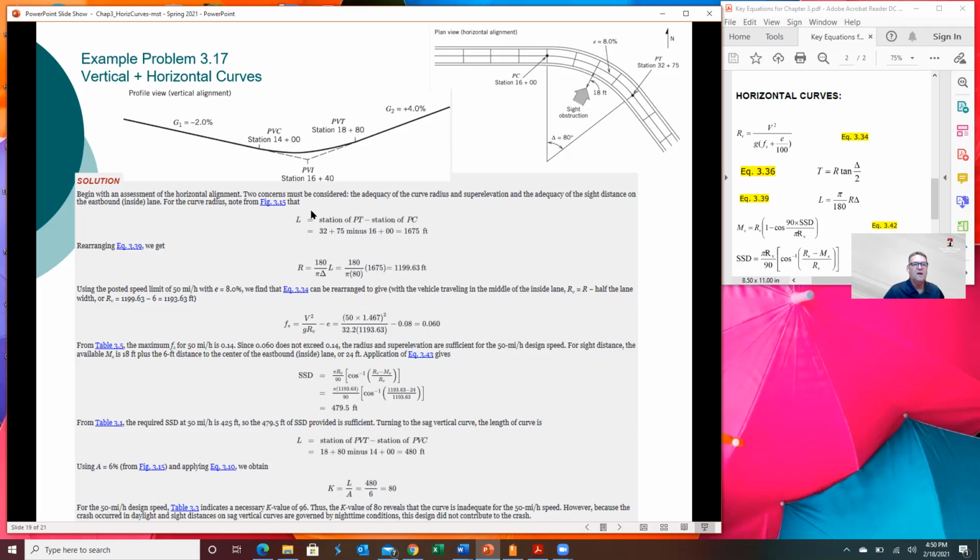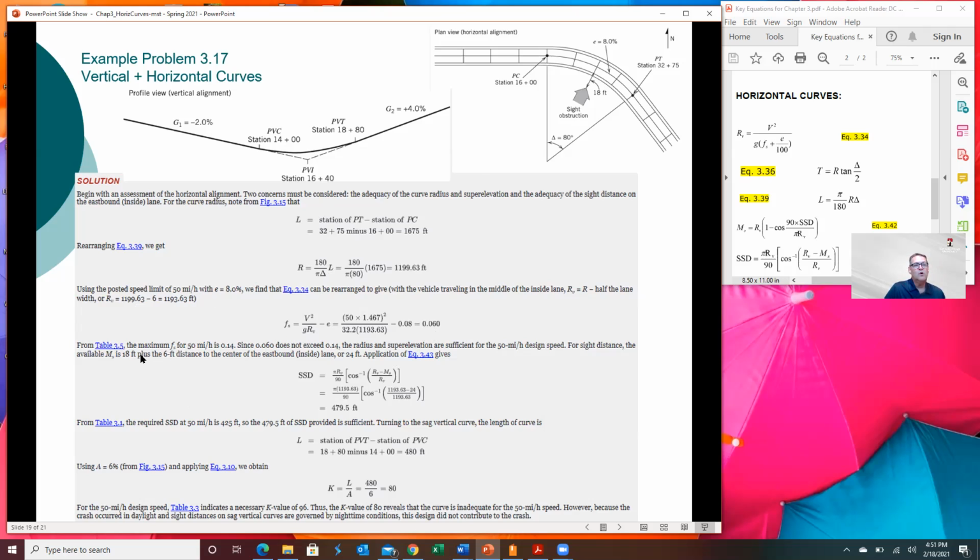It was a two-lane highway with 12-foot lanes. So you need to subtract 6 feet from that to get your R sub V. 1199 minus 6 gives you 1193.63. You put all that in, and you end up with 0.06 for your coefficient of side friction.